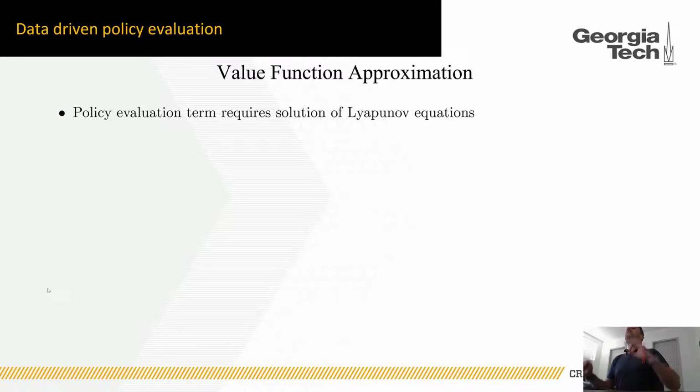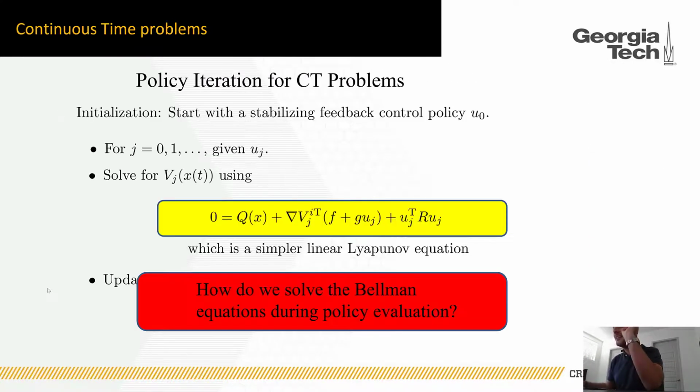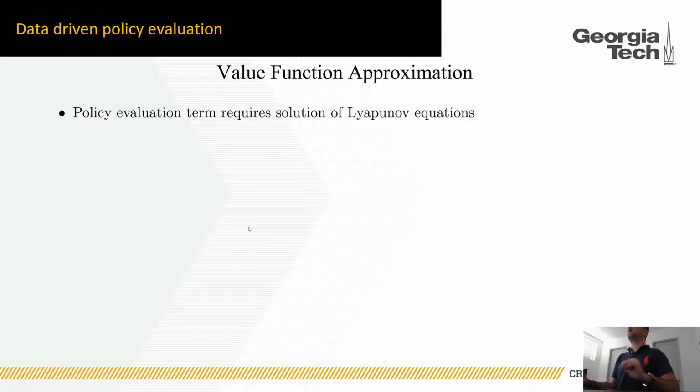Now, I don't want to solve this equation here. This Lyapunov equation has lots of problems because it's difficult to solve. What I want to do is solve it approximately. Let's see how we can do that.